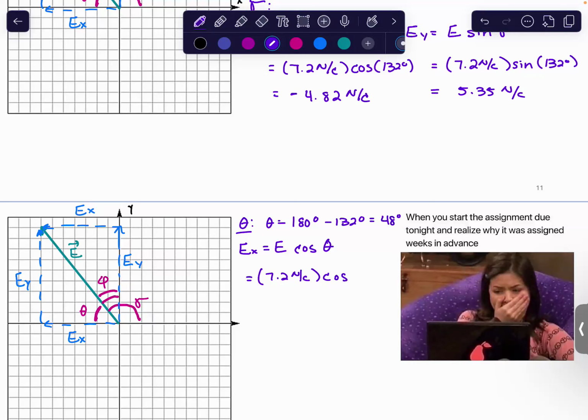Now, let's talk about how we could put this 48 in there. You know that angle theta has a magnitude of 48 degrees. You could just put the 48 straight in there.